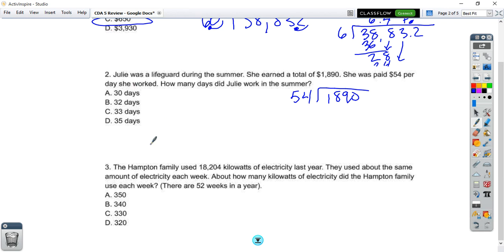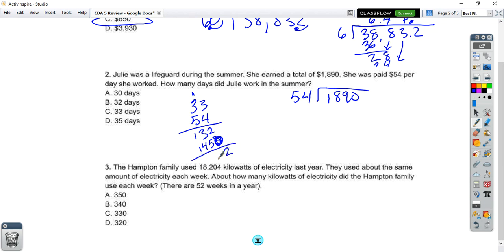So what I would do, since these are in order, I'd pick B or C, try it, and multiply. So I'd have 33 times 54. Well, 4 times 3 is 12, put the 2 down, carry the 1. 4 times 3 is 12, plus 1 is 13. 5 times 3 is 15, carry the 1. 5 times 3 is 15, plus 1 is 16. Oops, I forgot my placeholder.